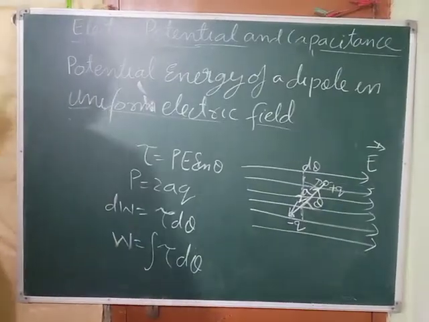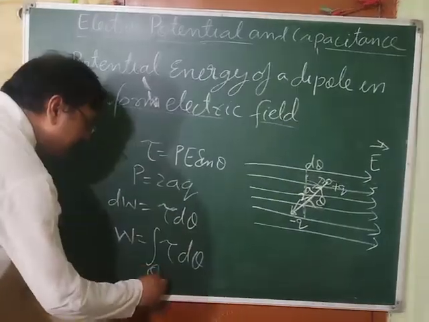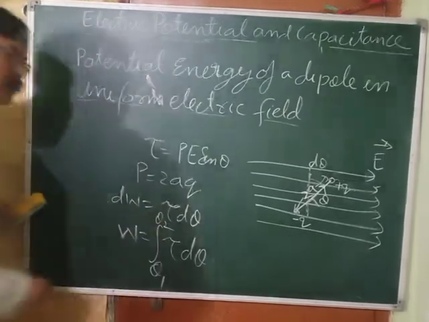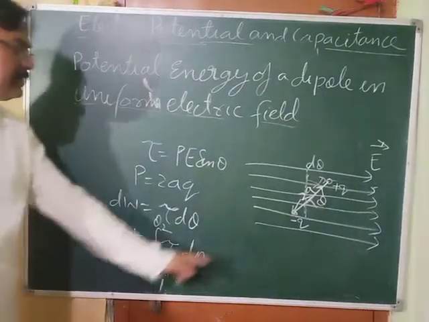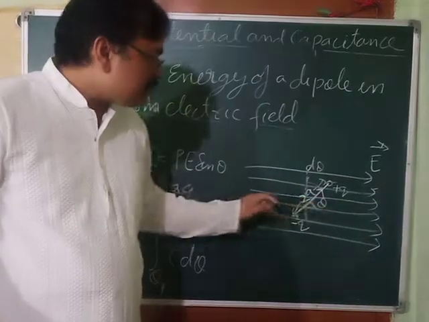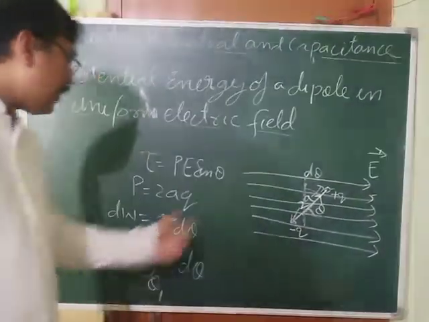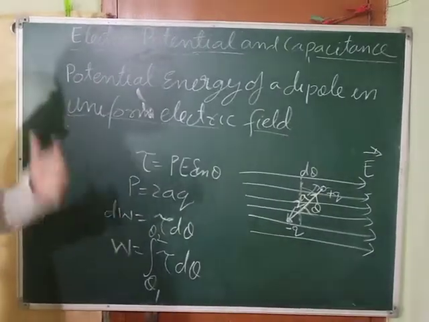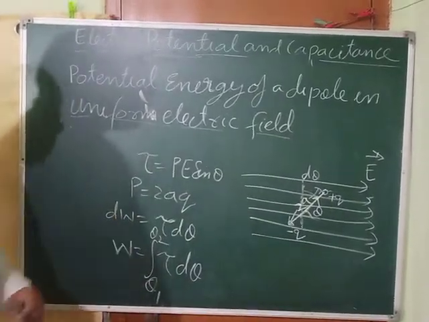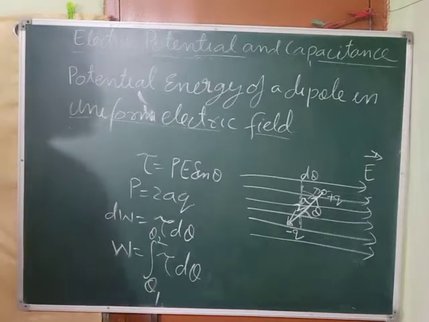Suppose you are rotating it from angle theta 1 to angle theta 2. Suppose the initial angle it was making with the electric field was theta 1, and finally when you rotate it, it is making angle theta 2. So this is the limit. Just note it down so that we can move ahead.